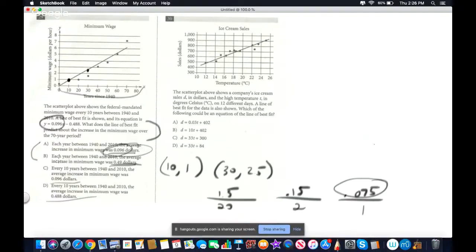So first of all, 0.49 doesn't make sense here. As far as I can tell, the slope here is 0.096, where X is years since 1940, not 10 years since 1940. So for that reason, I could say per year, it's got to be A.